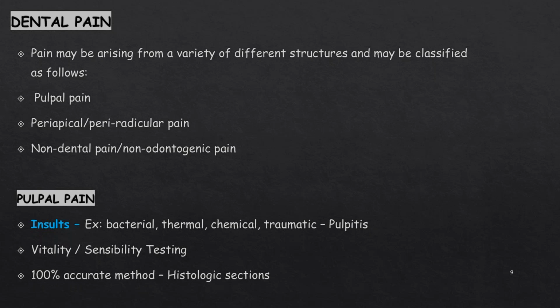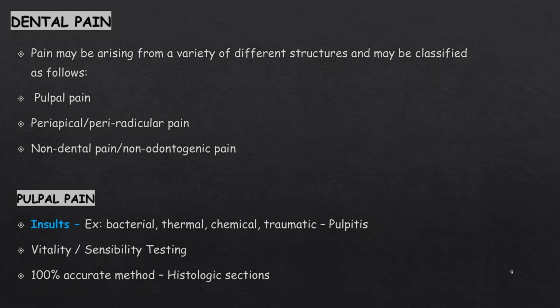Dental pain. When a patient attends a surgery complaining of toothache or pain, it may arise from a variety of different conditions. It could be pulpal pain, mainly arising from the pulp tissue, or periapical pain, that is, pulpal pain extending into the periapex, the surrounding tissue, or periradicular pain.